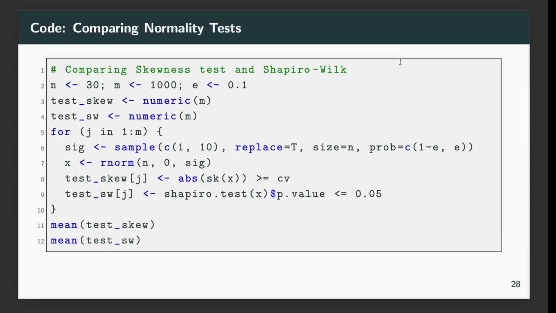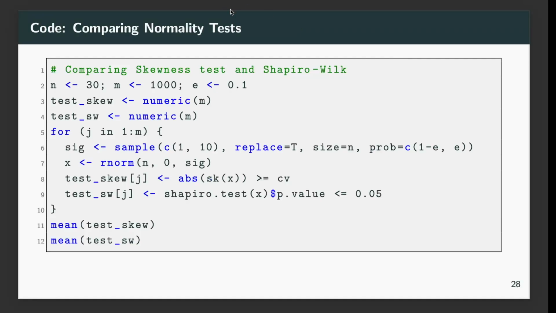So this is the R code for the comparison. In this case, we set n equal to 30, and as usual, 1000 replications. The contamination level epsilon is set to 0.1, which is 10% contamination. We create separate indicator vectors for the skewness test results and the Shapiro-Wilk test results.